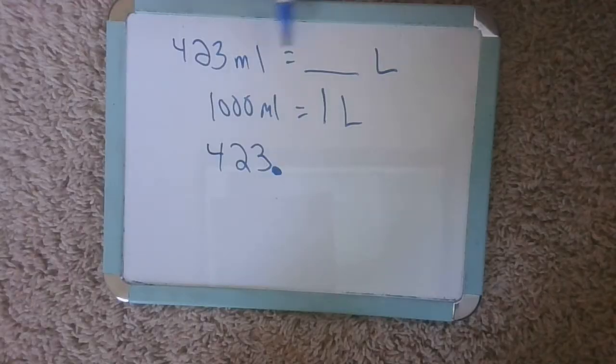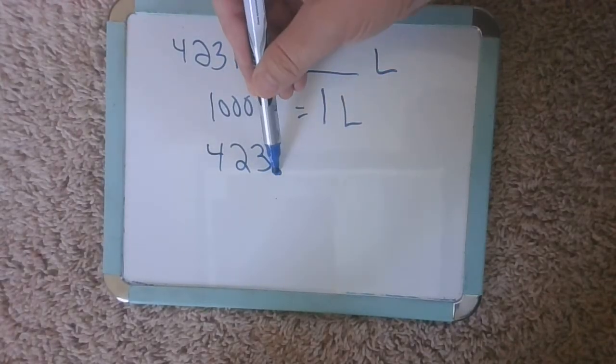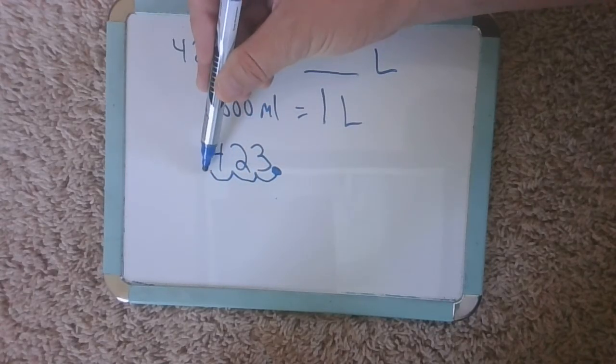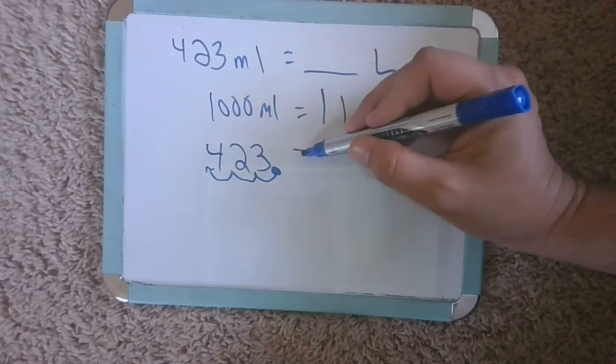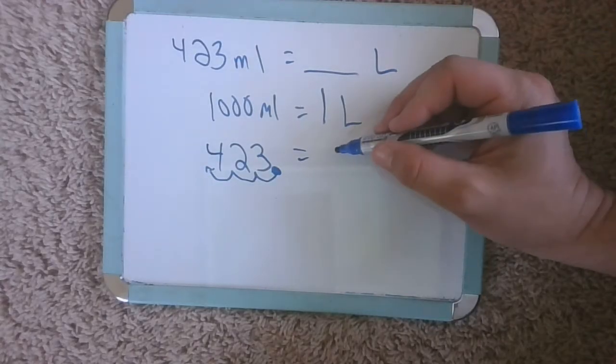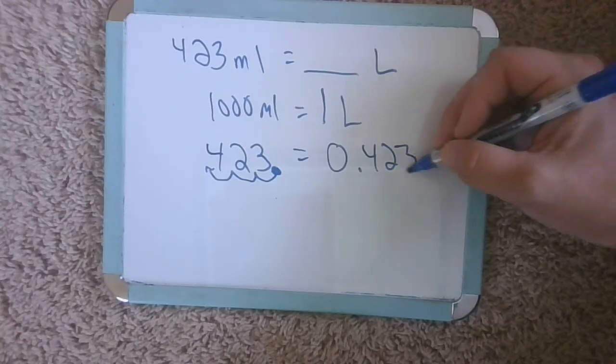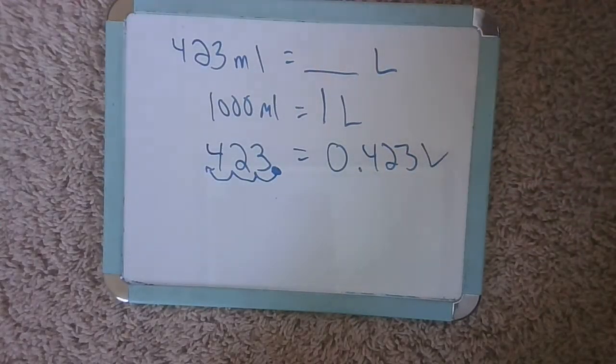If I'm going from a little unit to a big unit, then the number needs to go from a big number to a little number. So I want this to get smaller, which means the decimal point goes in this direction, 1, 2, 3 spots over to here. So 423 milliliters is actually only 423 thousandths liters. And we are done for today.